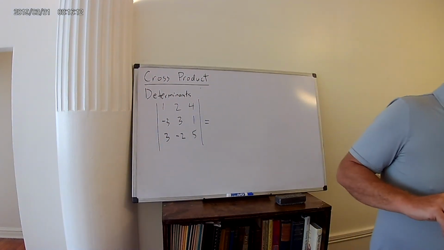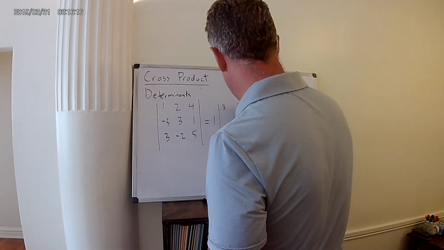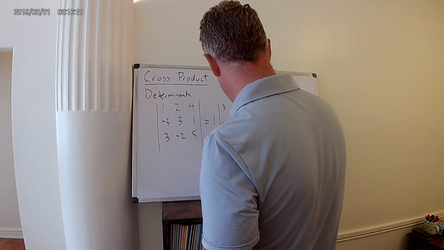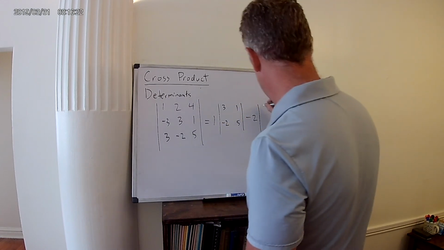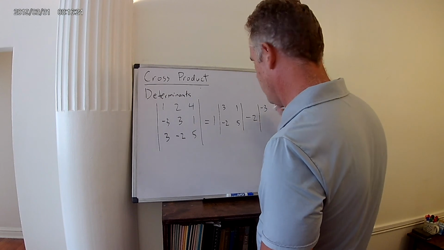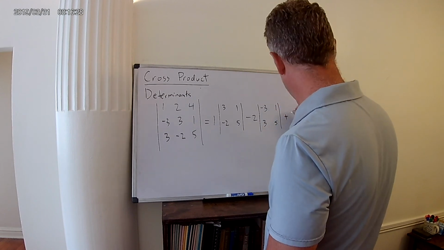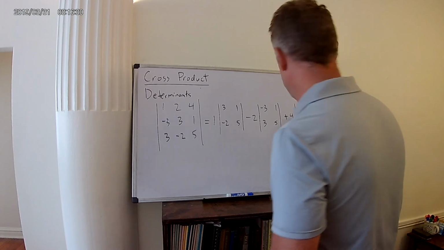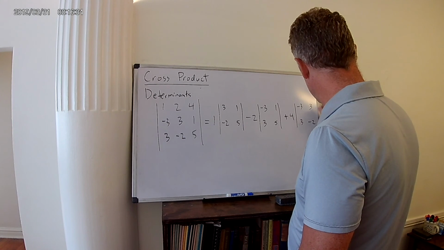The determinant of this matrix will be 1 times the determinant of 3, 1, minus 2, 5, minus 2 times the determinant of minus 3, 1, 3, 5, plus 4 times the determinant of minus 3, 3, 3, minus 2.